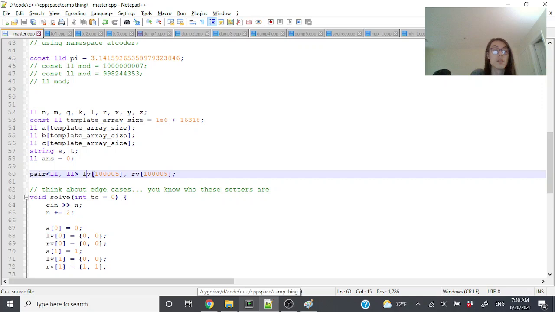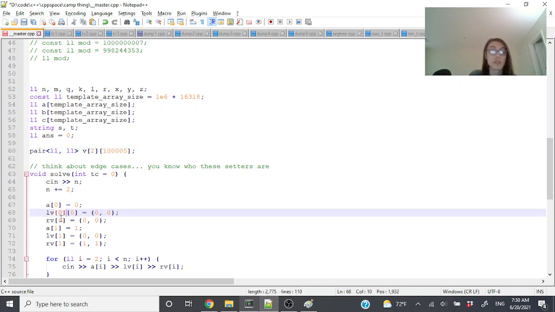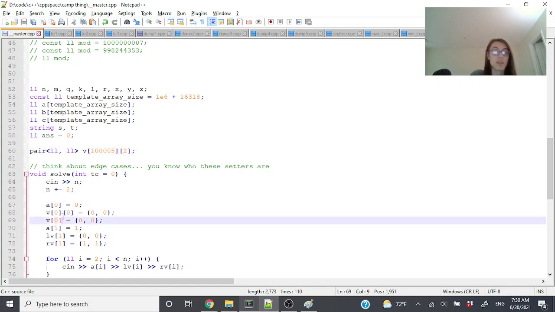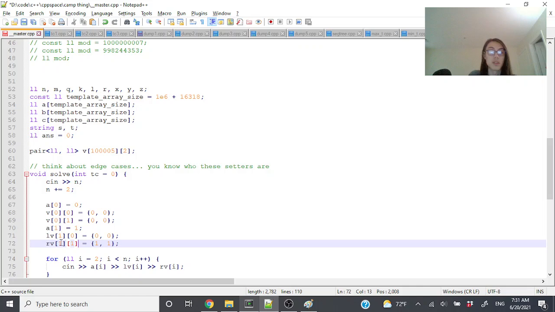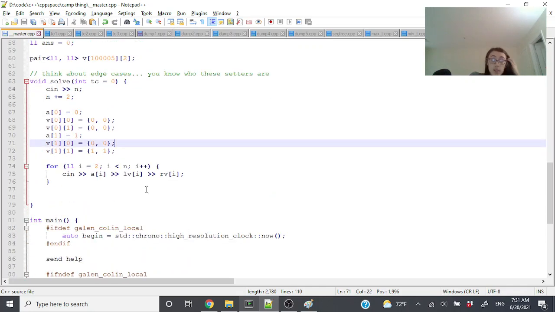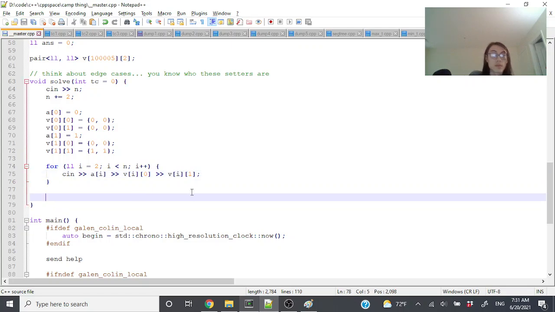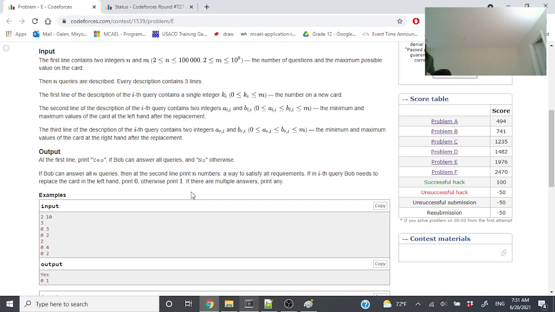Actually it would be better to do V2, and then that way we can do things like this. Maybe like this. V0, 1, 0, 1. That makes this easier. So now from here we just figure stuff out.